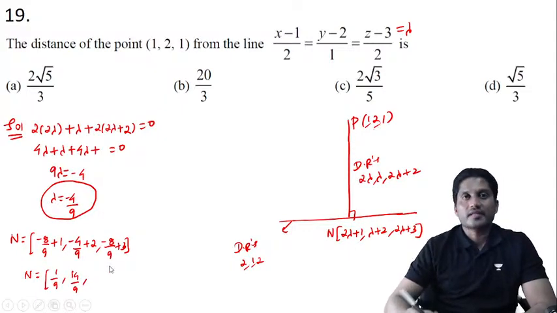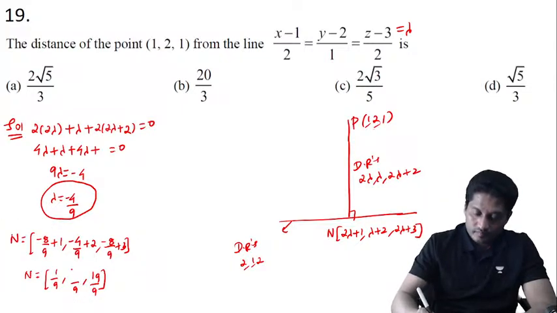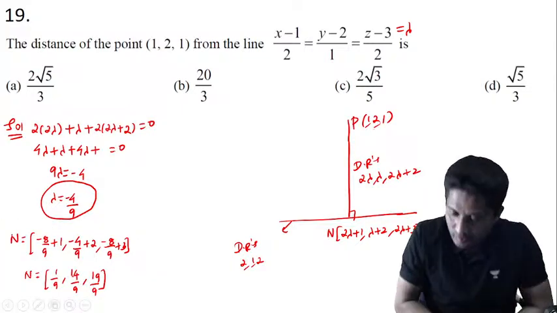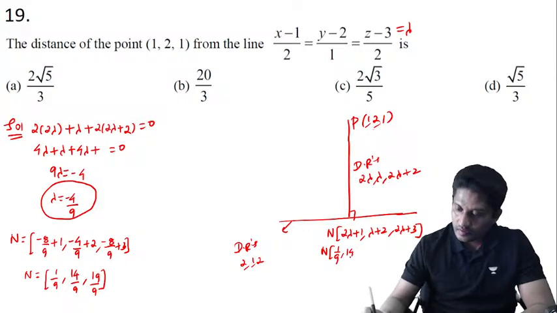Then 9 3 is 27, means 19 by 9. Okay, so this is 14 by 9. Now if I use the distance formula, this foot of the perpendicular will be equal to 1 by 9, 14 by 9 and 19 by 9.